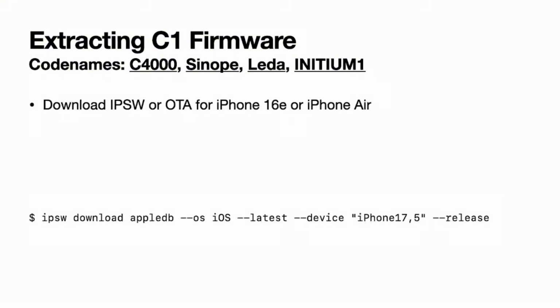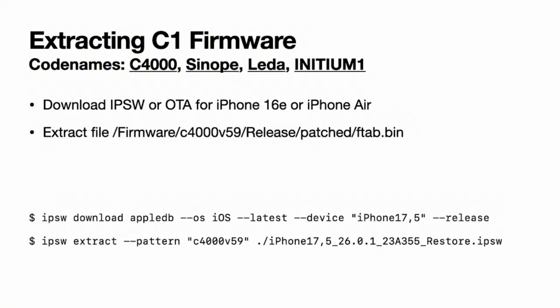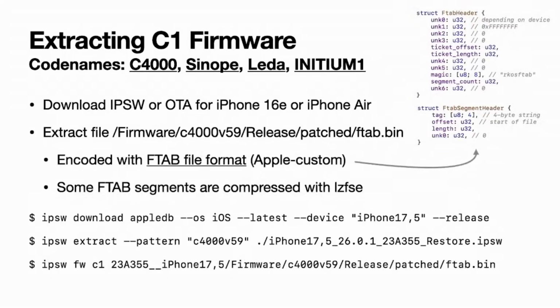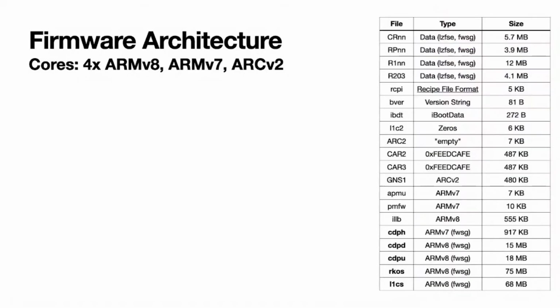But if we grab an IPSW and extract the firmware at this given path, then we find it's encoded with an Apple custom FTAB file format, which also has been seen on other embedded Apple devices so far. And some files or segments are again compressed, but IPSW takes care of this, so we don't have to worry about this.